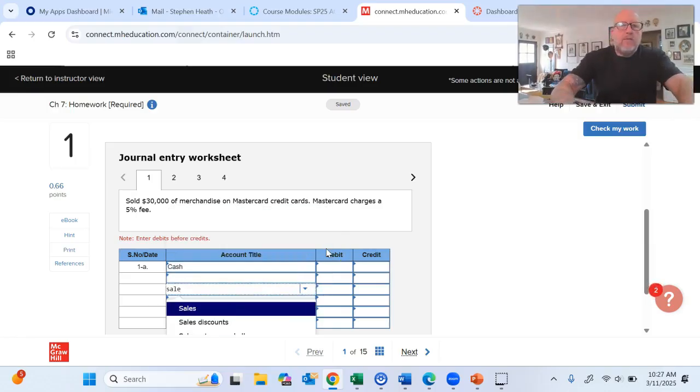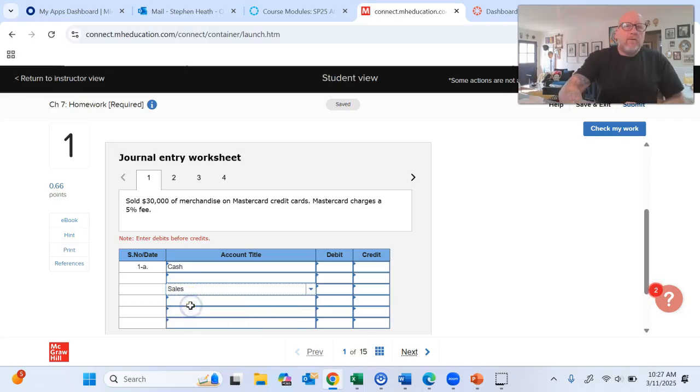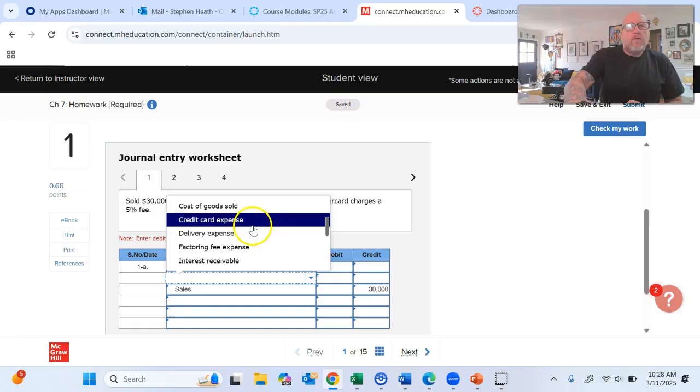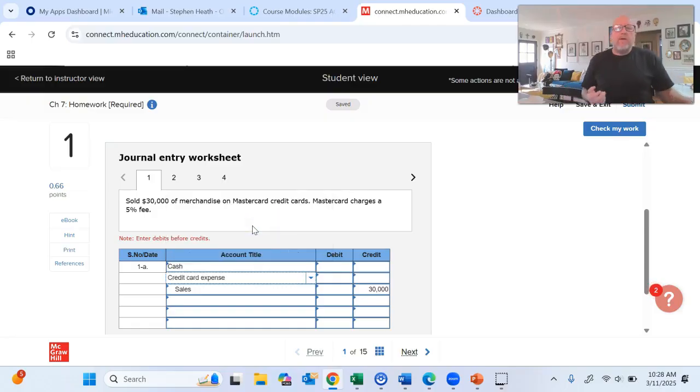Maybe we can do sales of 30,000. Okay? Now, the customer is using their credit card and we're getting charged a 5% fee, and therefore we have what we call a credit card expense. Credit card expense. And the amount of the expense is going to be 5% of 30,000.